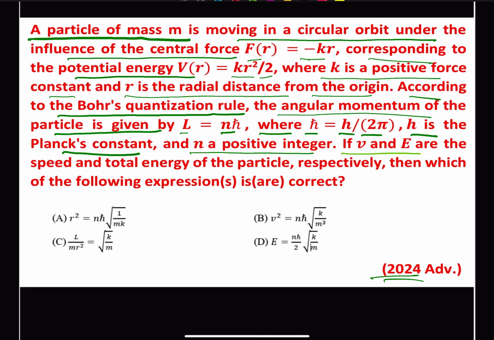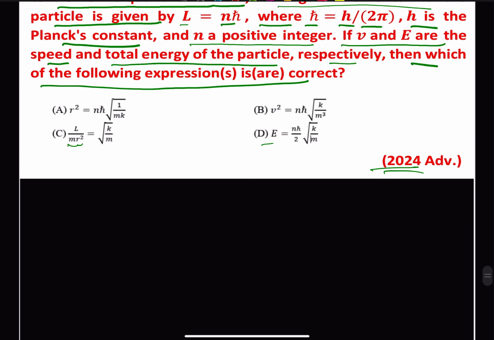If v and E are the speed and total energy of the particle respectively, then which of the following expressions is or are correct? So we are going to find out the velocity, radius, or the momentum relationship, which of them is correct. So we are given that there is a force, central force, acting on the particle.